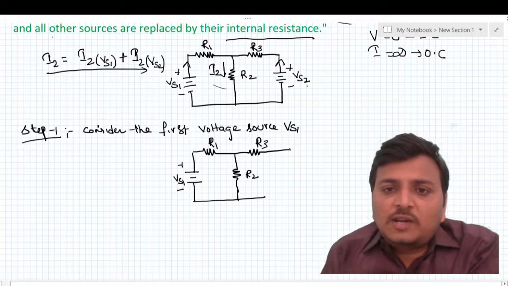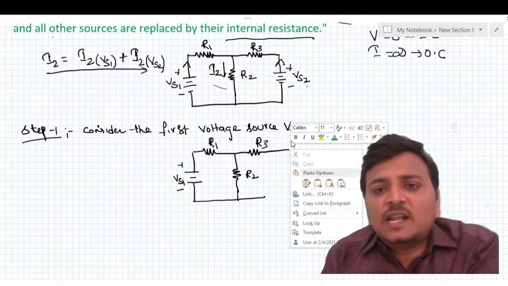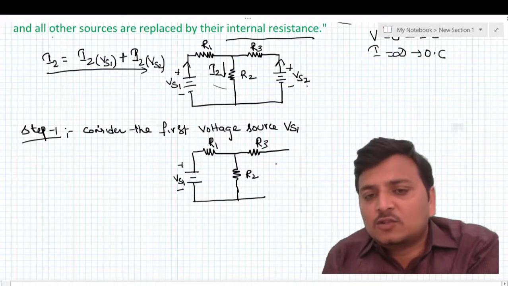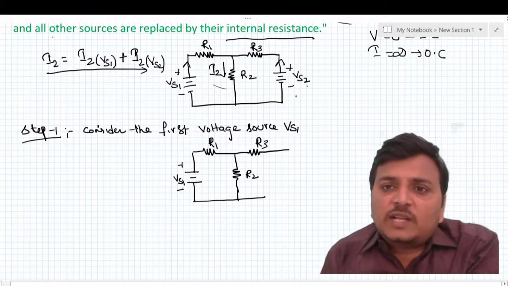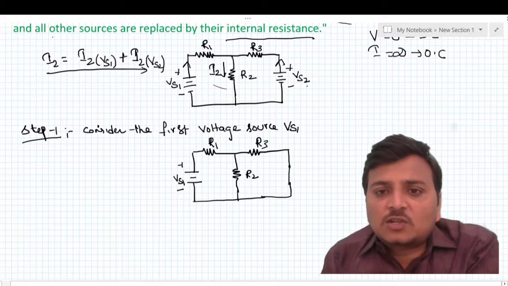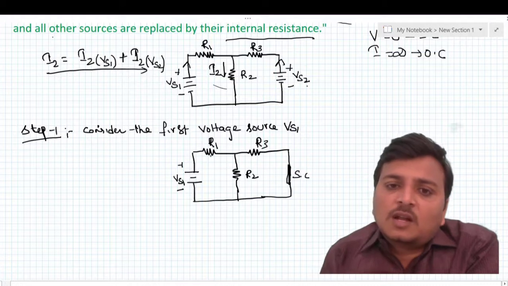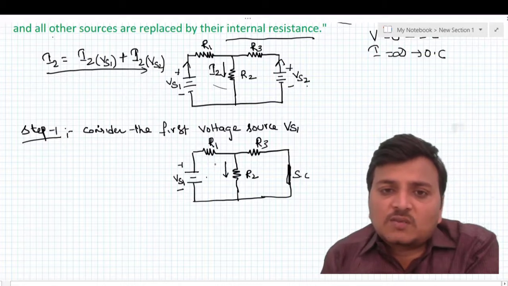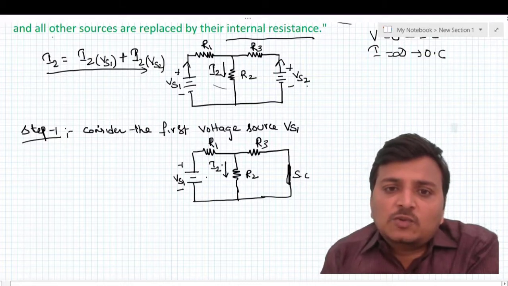Now I have to replace the other source with its internal resistance. Because it is a voltage source, the internal resistance is 0, which means I have to replace this voltage source with a short circuit. Now I want to find the current flowing through resistor R2 by considering only the voltage source VS1. I call this I2 due to the source VS1.